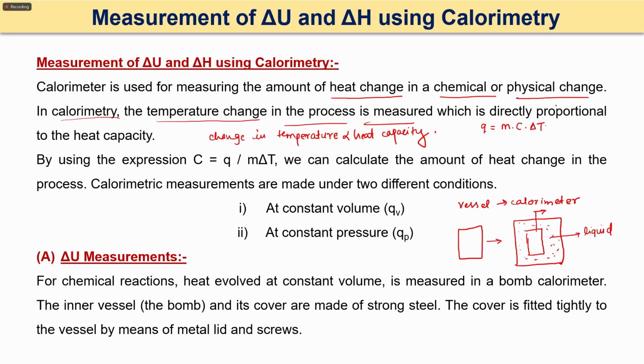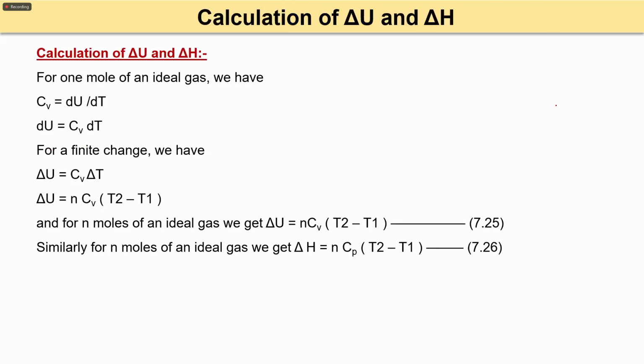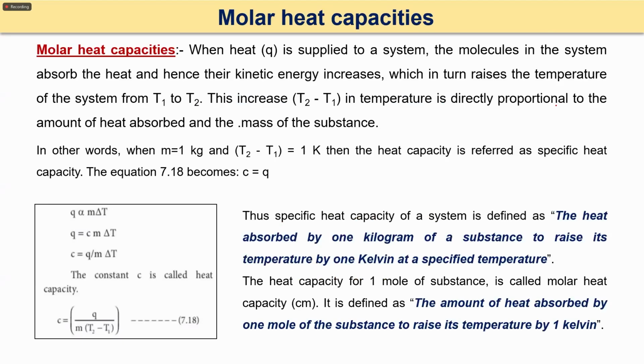If you want to see this equation, in this class I have told you that Q, your heat, is directly proportional to the change in temperature and mass. If we remove this proportionality constant, we get this C, which is nothing but the heat capacity.